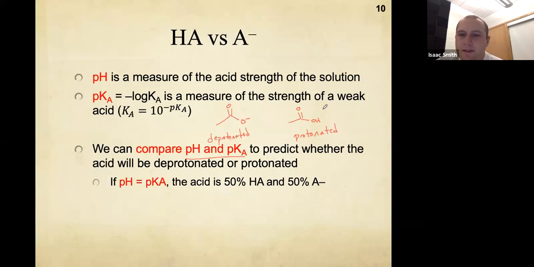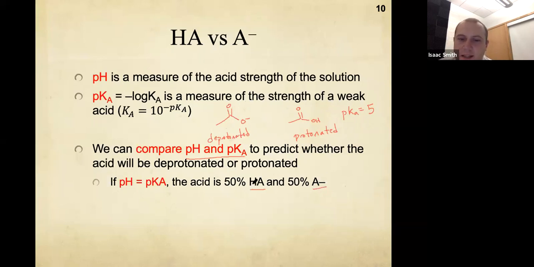Okay, so the pKa of a carboxylic acid, right? pKa tells you about the strength of the acid. The pKa of a carboxylic acid is about 5. So, and these are just some things you'll want to memorize, if pH equals pKa, then you have about 50% of the protonated acid and 50% of the deprotonated acid, okay?